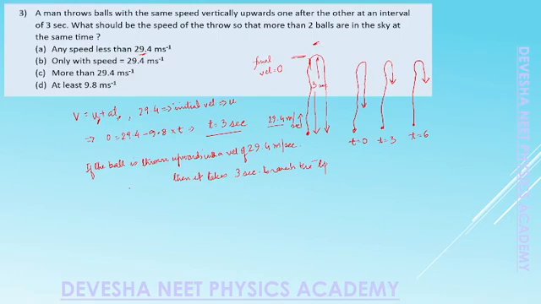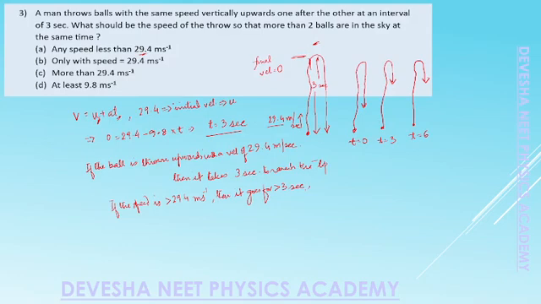Correct? So it means if the speed is, say, more than 29.4 meters per second, then it goes for more than 3 seconds, right?